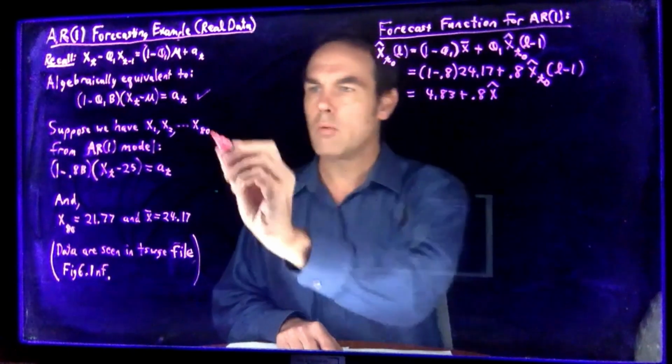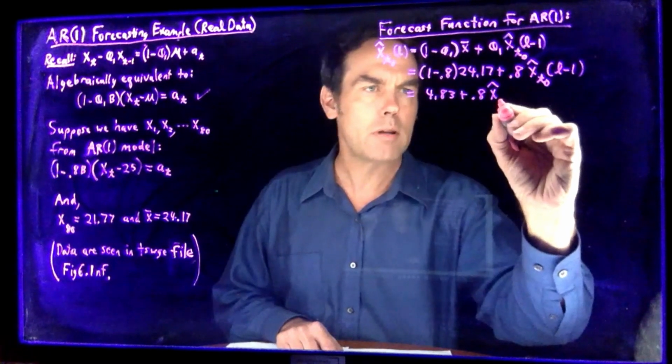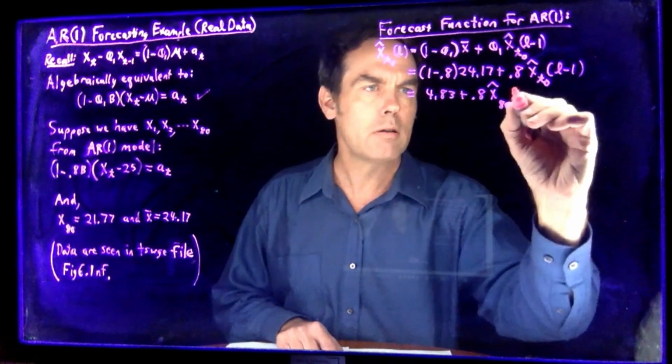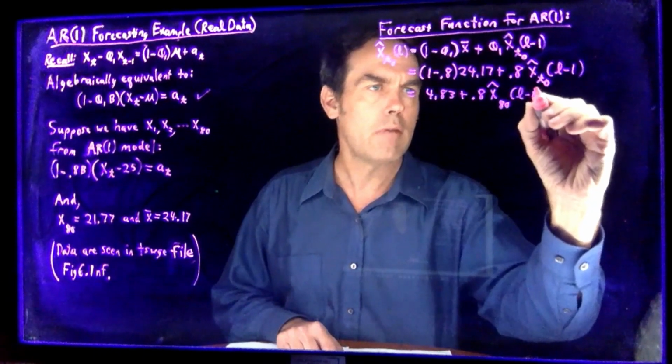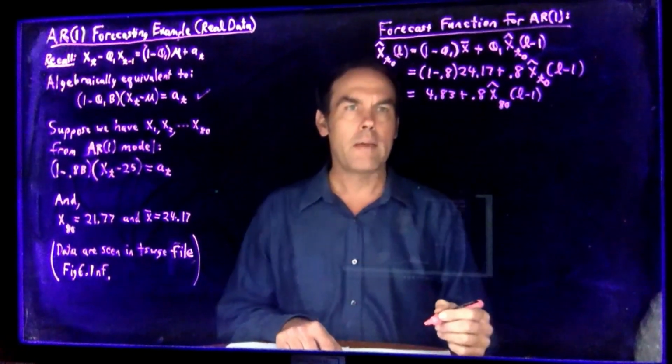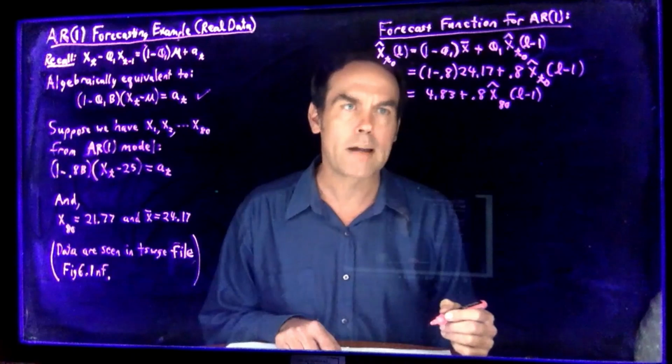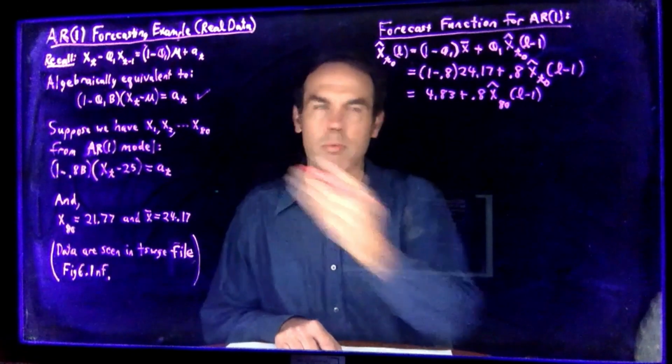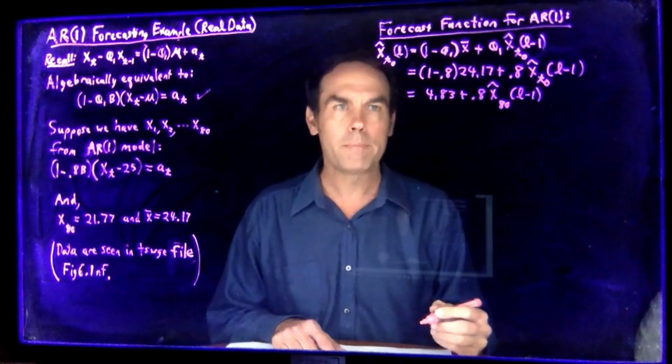Now our t0 we know is going to be 80, so I'm going to go ahead and put 80 in here, x hat of 80 of L minus 1. And that is our general forecast for this particular AR1.